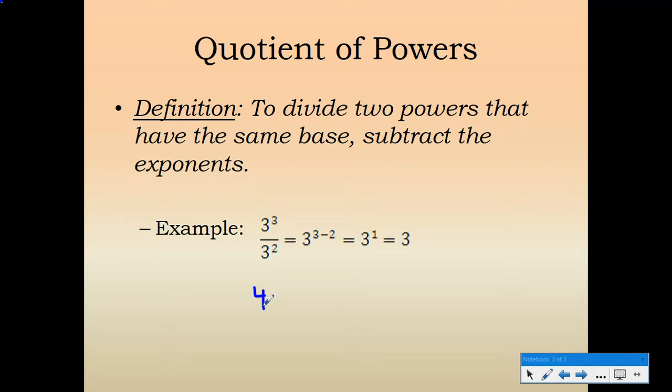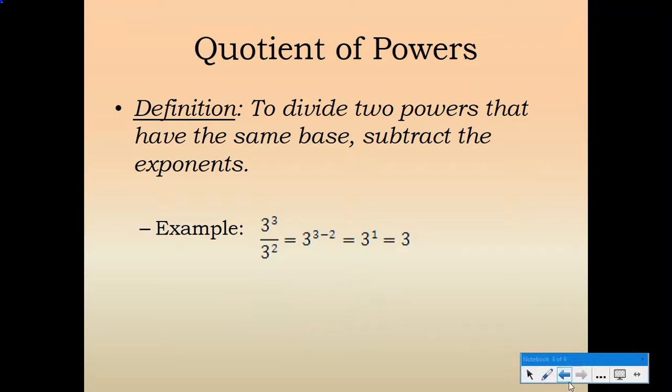So again, if I have something like 4 to the 12th power over 4 to the 6th power, who wants to write 12 fours? I would subtract my exponents, 12 and 6, so I have 4 to the 6th power. Just as another example for you.